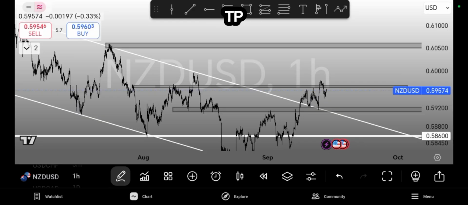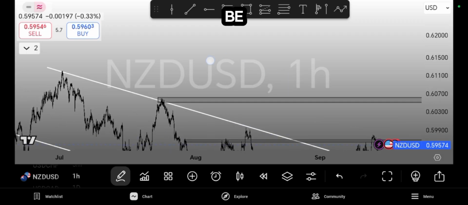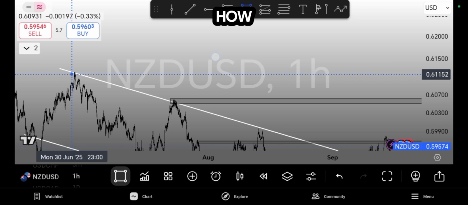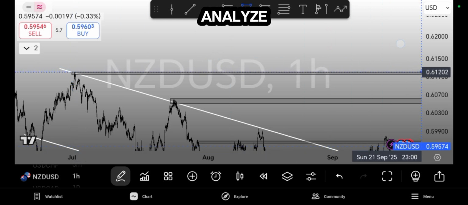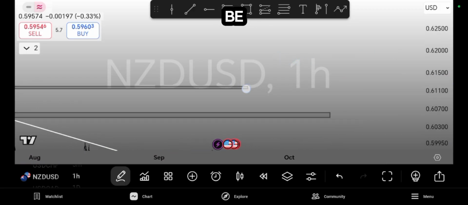That's where my TP will be. And if the market breaks that particular high, I'll again be looking for this particular high over here. That's how I trade. That's how simple you have to analyze your charts.